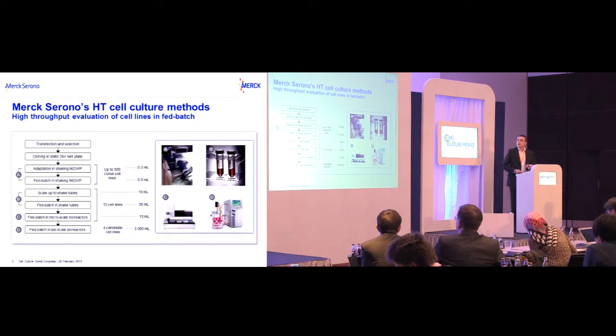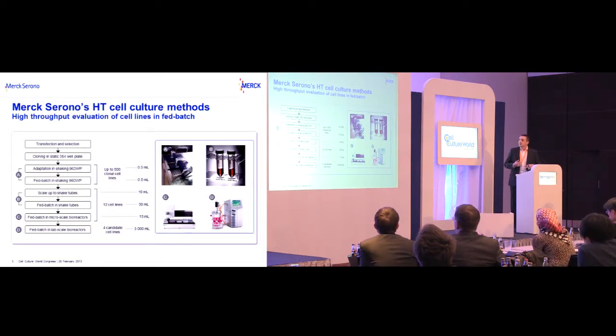Here is an example of how we plan to select our cell line. So recently you may have read some papers about the predictability of static systems compared to fed batch culture, or even of batch culture to fed batch culture. So here the goal is to implement a fed batch screening in 96 deepwell plates as early as possible.